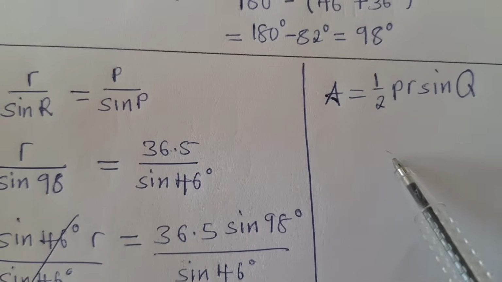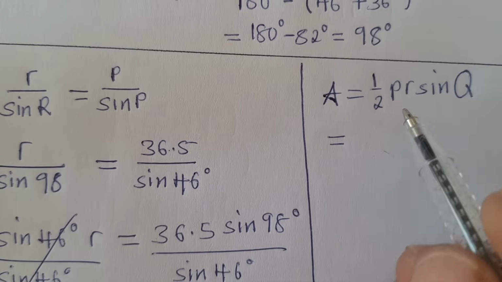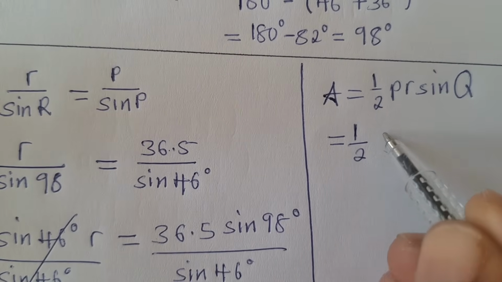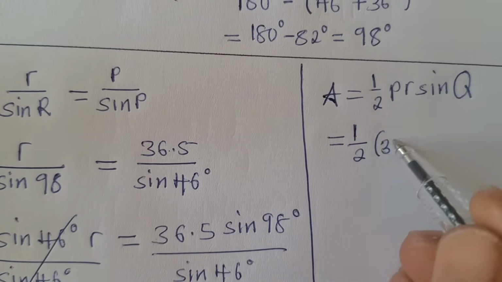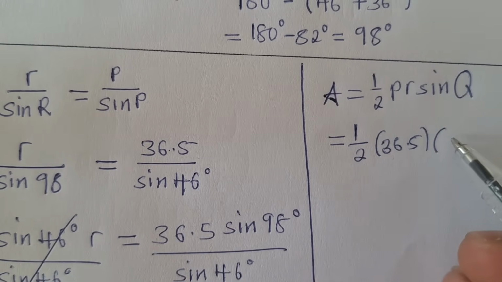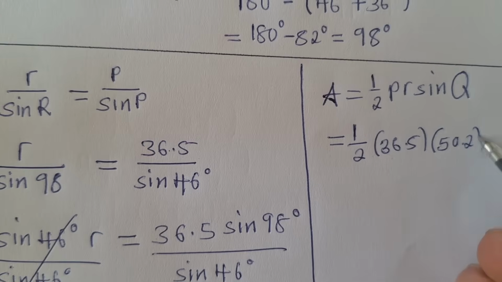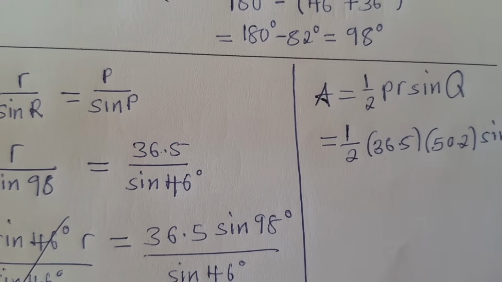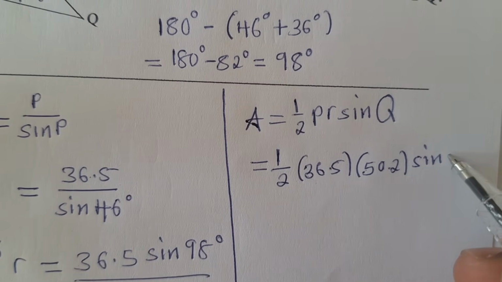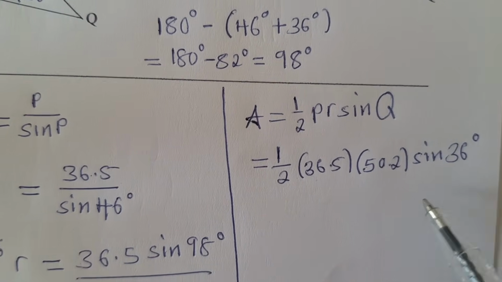So this is where the formula is coming from. So we shall say equal to 1 over 2. P, if you're able to see, that's 36.5. And then Q there is 50.2. Okay. Well, this is R. Sine capital letter Q is 36 degrees.